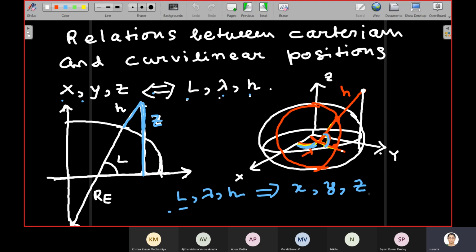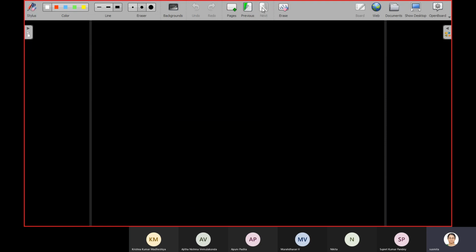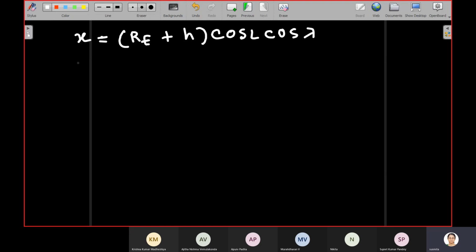Here I wrote x, y, z, so I'll write x, y, z in the equations also. So x will be equal to (RD plus H) plus L plus lambda.